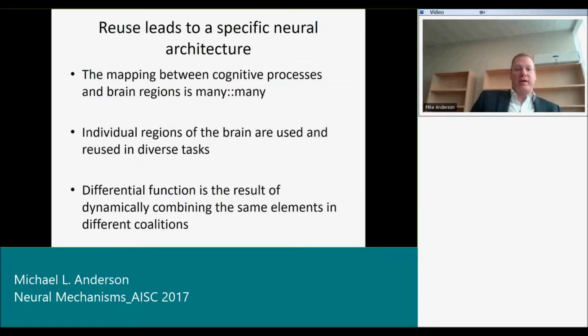So the point here now is that reuse leads to a very particular neural architecture where, as we've heard already, the mapping between cognitive processes and brain regions is many-to-many. Individual regions of the brain are used and reused in diverse tasks. And then differential behavior, differential function, is the result not of different parts of the brain being active, but instead of dynamically combining the same neural elements in different ways.